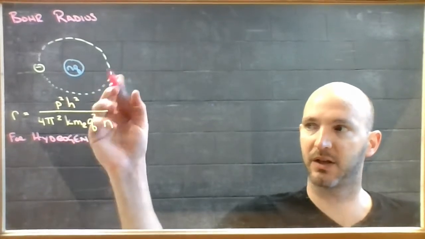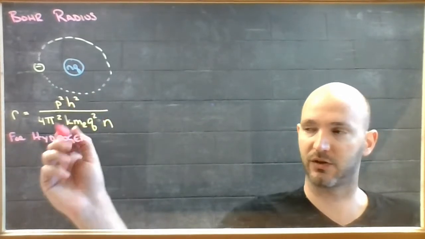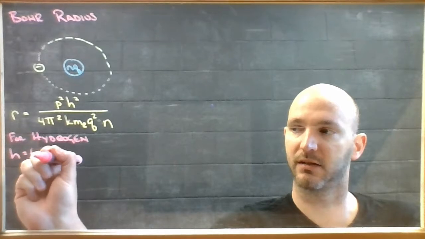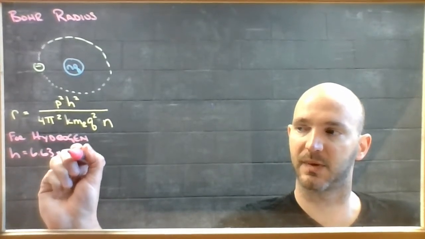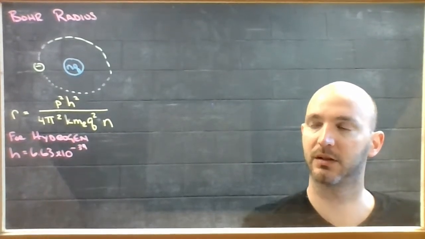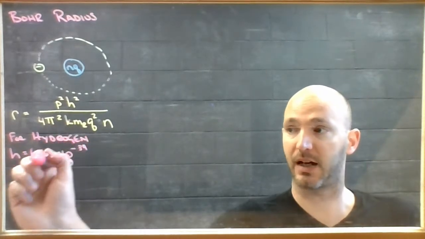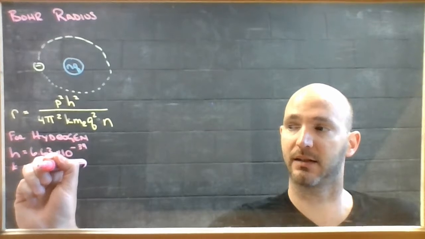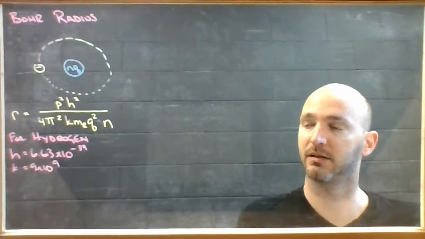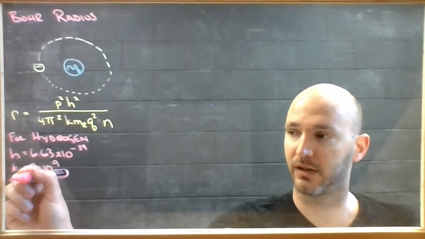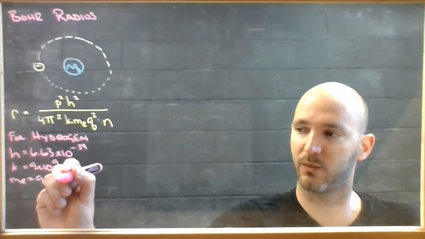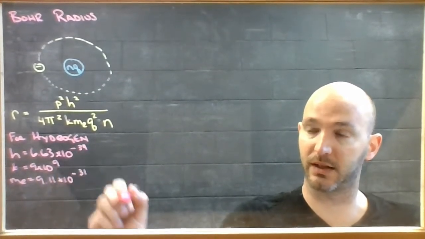So if I'm talking about hydrogen, h is Planck's constant, 6.63 times 10 to the negative 34. 4 is just 4, pi is just pi, k is 9 times 10 to the 9. The mass of the electron is 9.11 times 10 to the negative 31 kilograms.